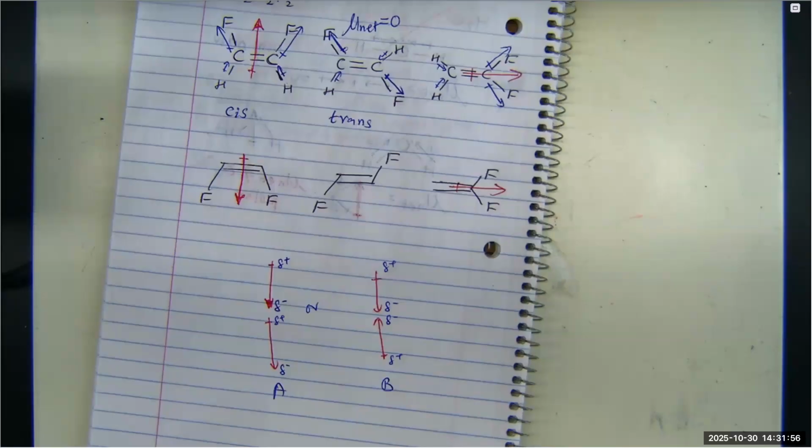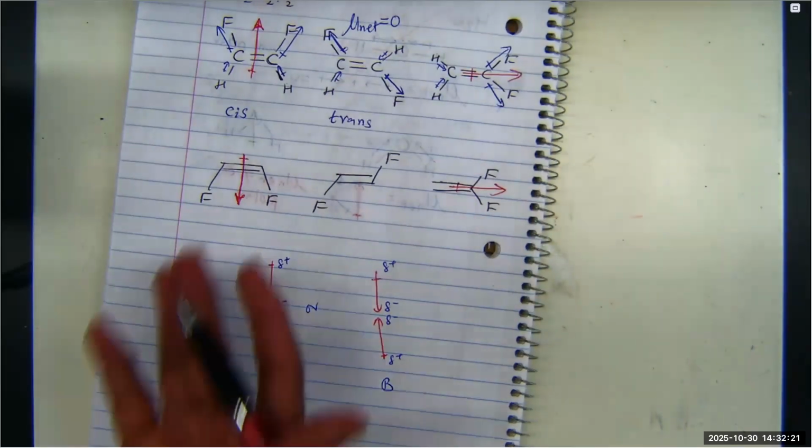I think A is more likely because positive and negative would go together because of the attractive forces, and the other would repel. Exactly, opposite charges are attracted to each other. On the other hand, in a situation like B, they're going to repel each other because same charges repel, opposite charges attract. So A is more likely.